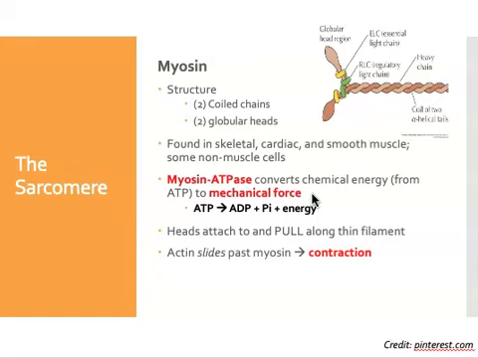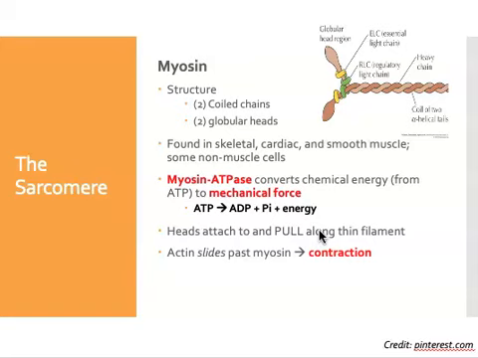During the contraction of a sarcomere, the myosin heads are going to attach to and pull the thin filaments. This is where the arrangement of the thick filament really comes into play.